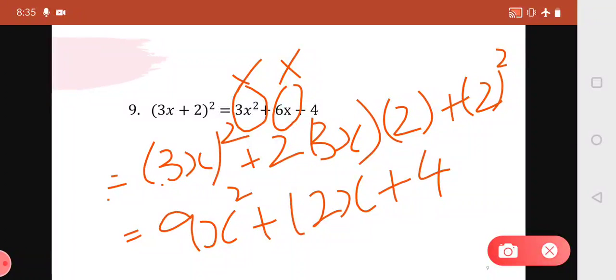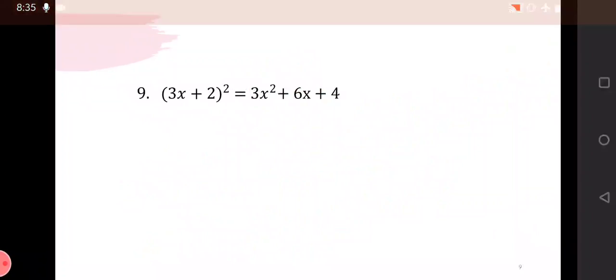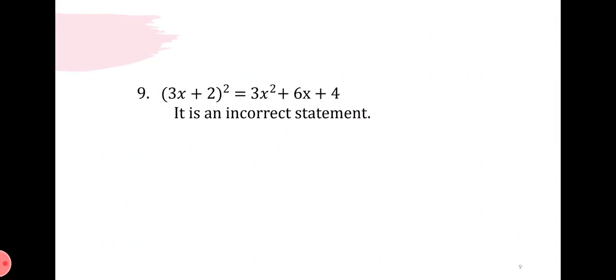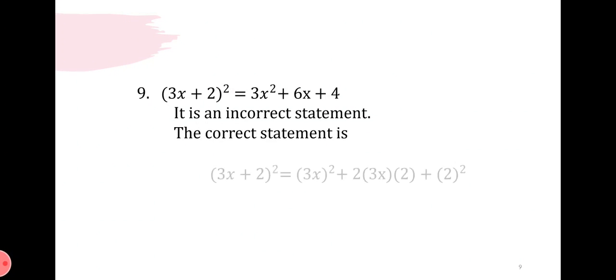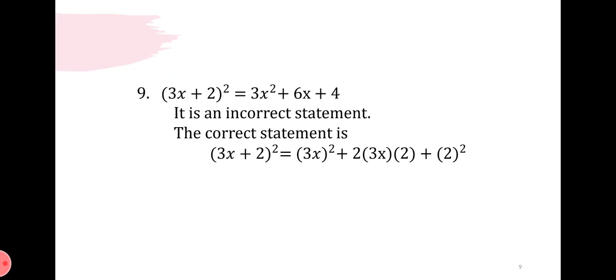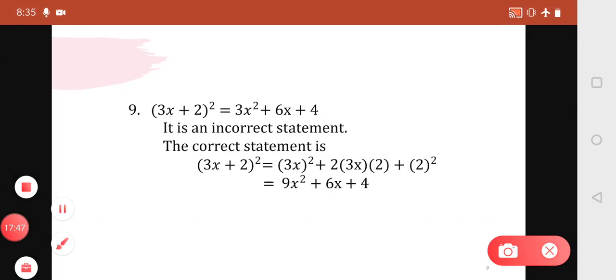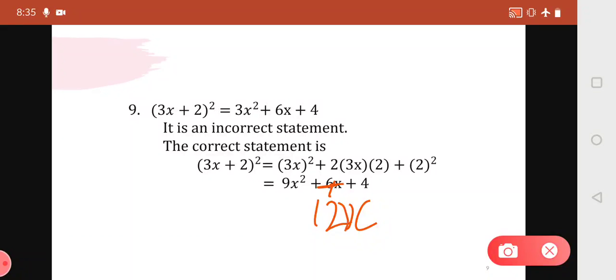It should be 12x. So it is an incorrect statement, and the correct statement is 3x plus 2 whole square equal to 3x whole square plus 2 into 3x into 2 plus 2 square, that is equal to 9x square plus 12x plus 4. Again the same mistake here: it is written 6x, but this is not 6x, this is 12x.